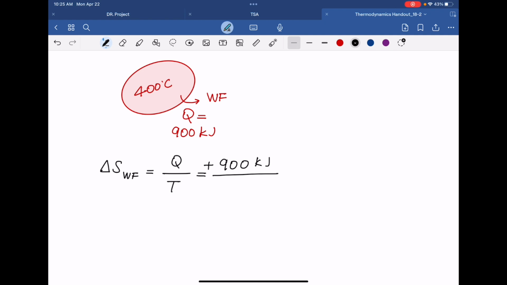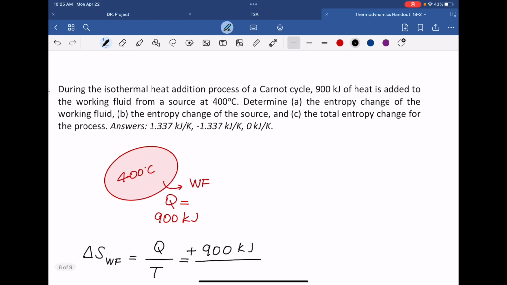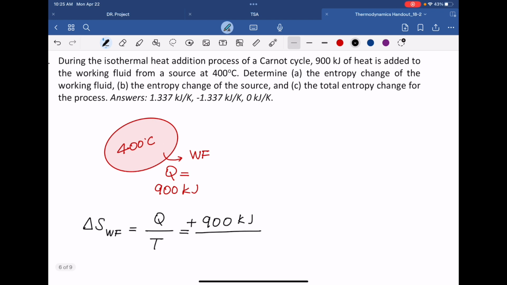Are we given the temperature of the working fluid? I guess by saying isothermal process, here they meant that. So here you need to know about the Carnot cycle. In isothermal heat addition of the Carnot cycle, the working fluid also has the same temperature.